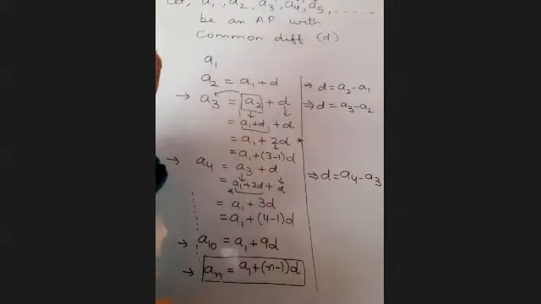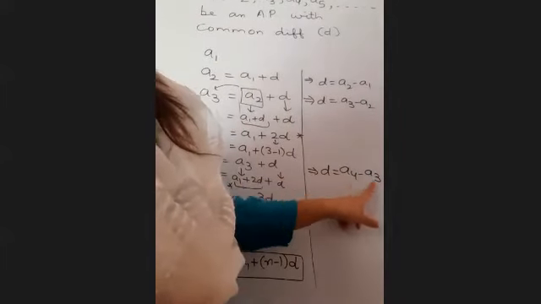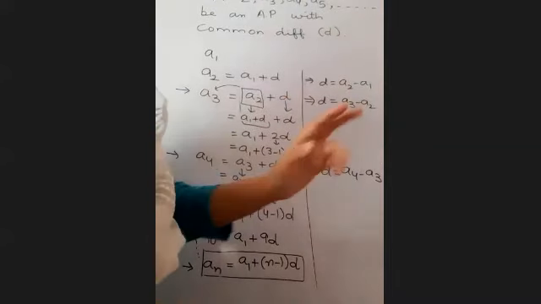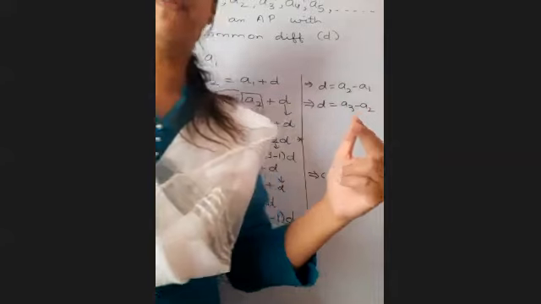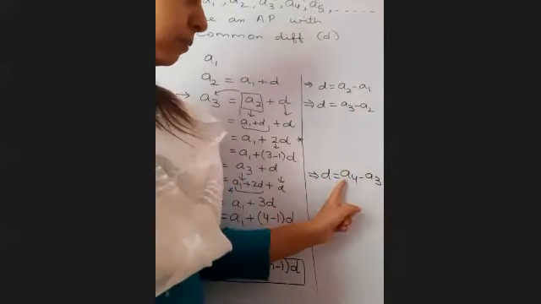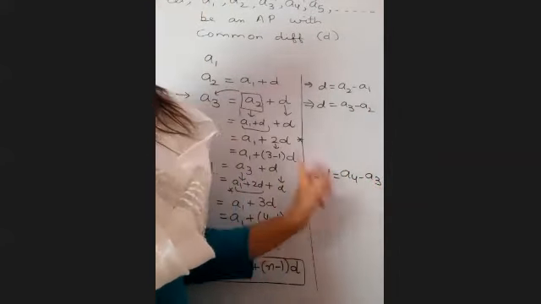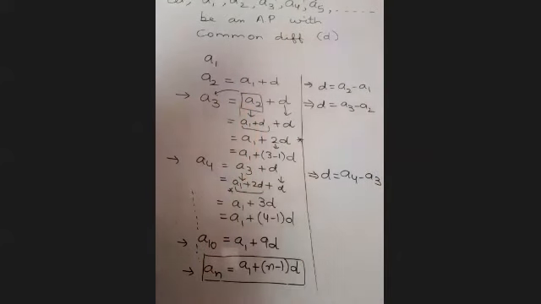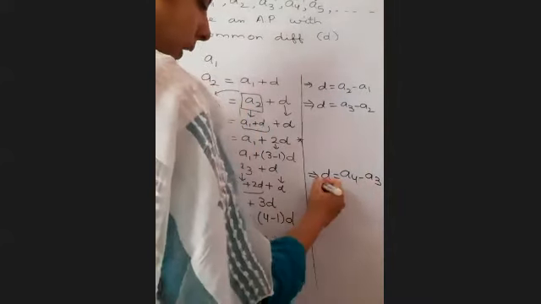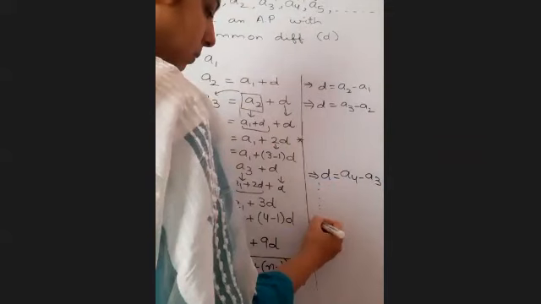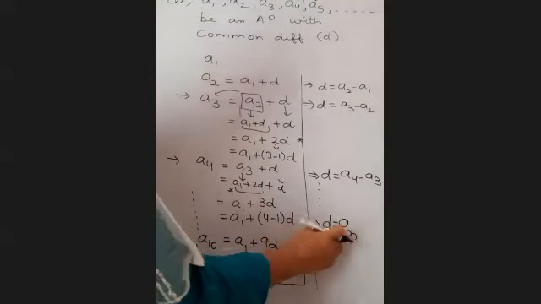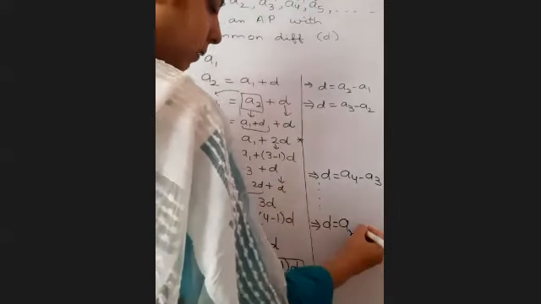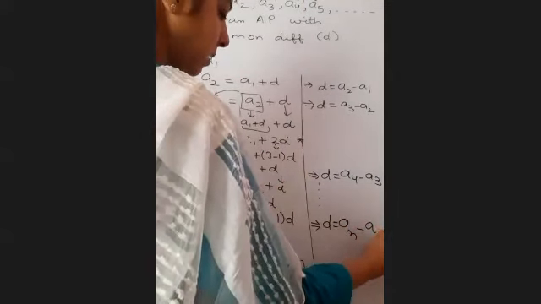That is the formula, beta: the next term minus the previous term. So in the list of AP, you pick up any two consecutive terms. The difference of the next term minus the previous term will give you the common difference. Clear? So from here, if we want to write in general terms, D is the nth term, whatever the term is, like say the 14th term, 15th term, minus its previous term.